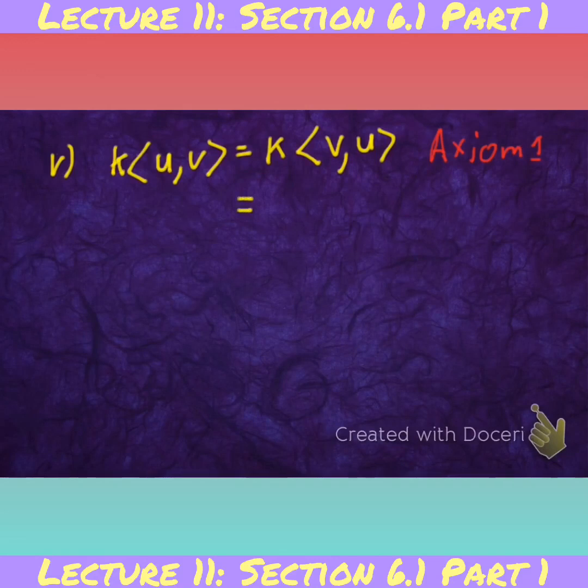And then applying the third axiom, we can replace that with the inner product of k v with u. Okay, and then applying axiom 1 again, we can switch the two around. And then we prove my result.